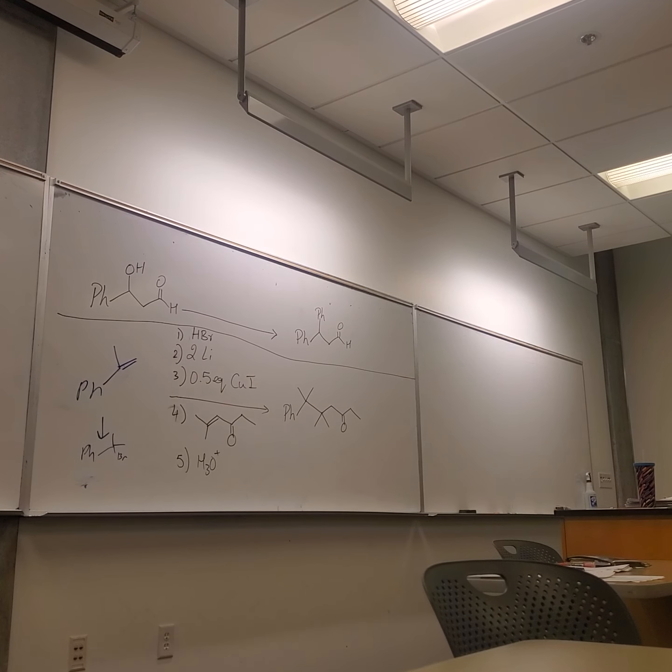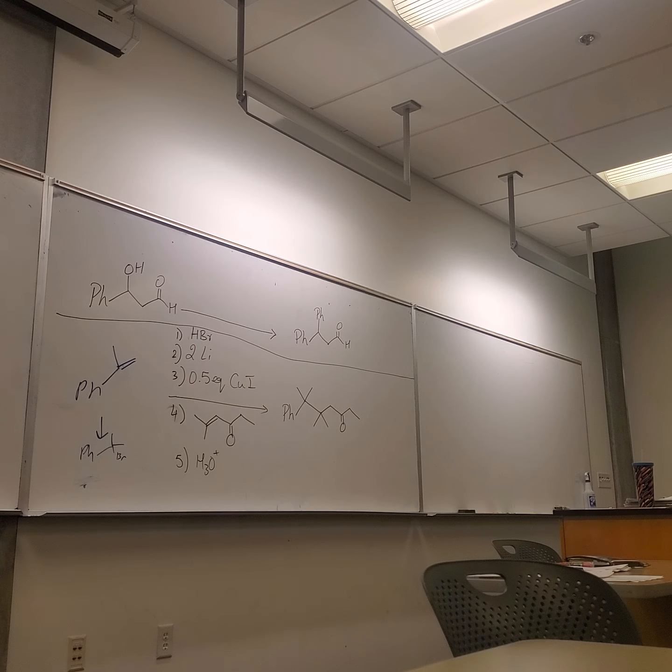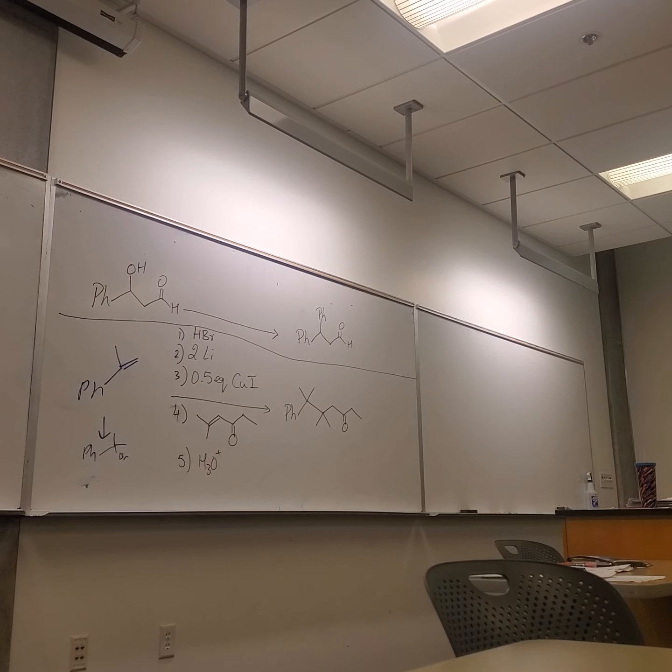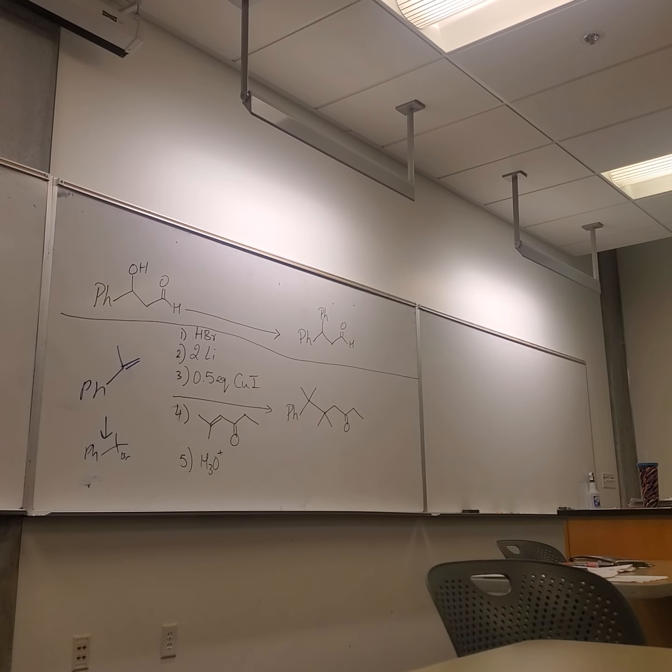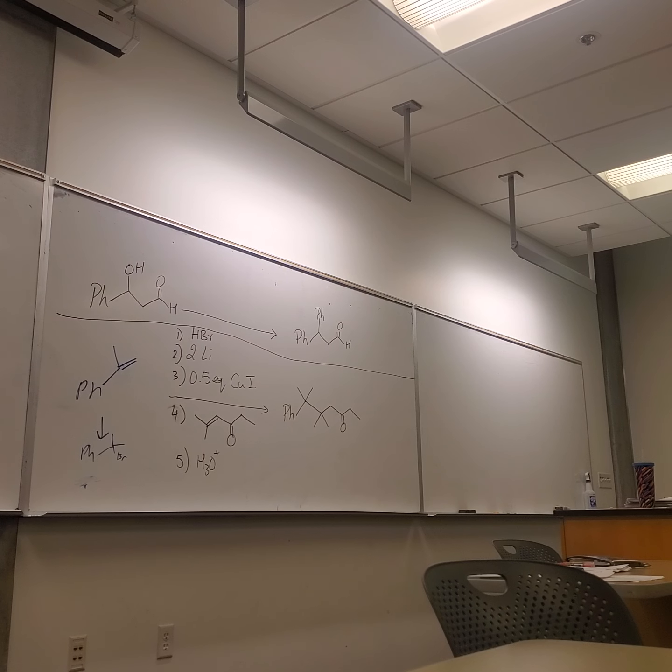How about the next one? The one on the top right, number 9? How do we replace an OH? We're taking out an OH for a phenyl. First of all, you can't use Grignard if there's OH somewhere. Remember, you can't have Grignard with a proton.